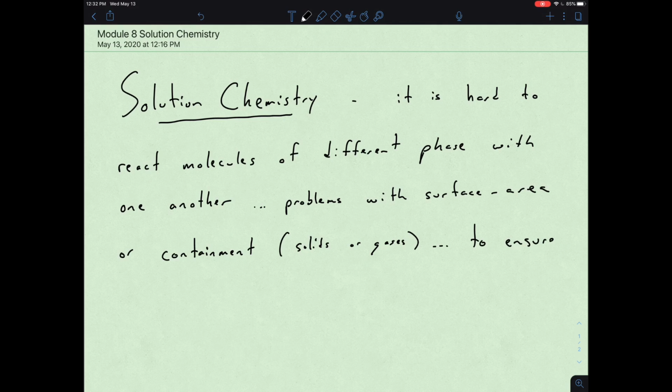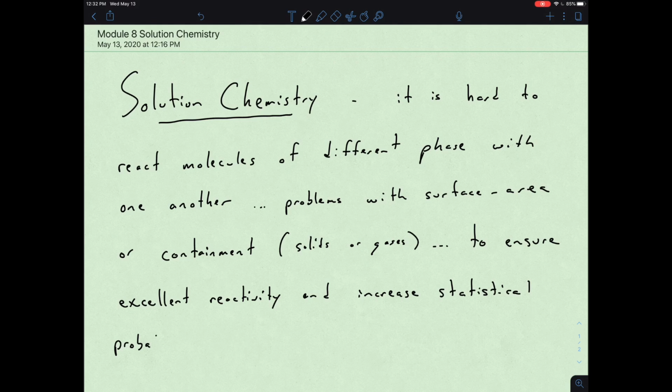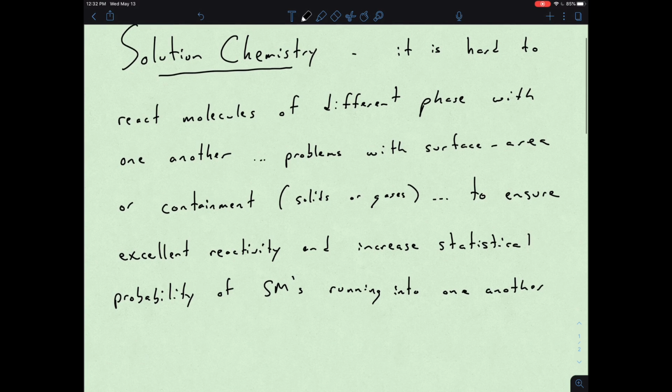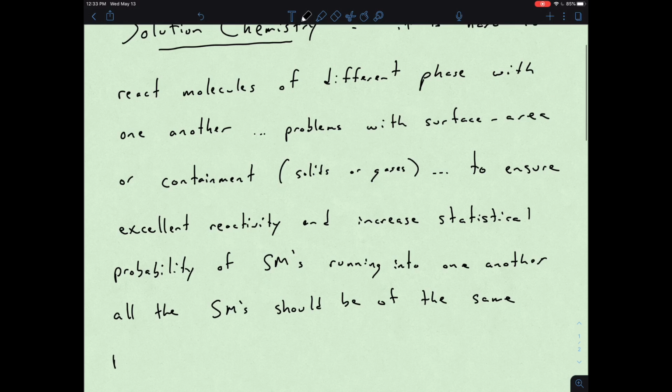To ensure excellent reactivity, and basically increase the statistical probability of starting materials running into one another, all the starting materials should be of the same phase.